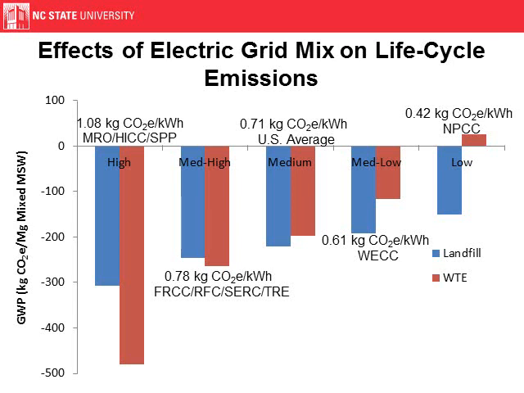And basically what you see is if you have a high electricity offset, then waste to energy performs significantly better than landfill, and as the electricity mix gets cleaner, as what you're offsetting is cleaner, both of them do worse, but waste to energy is affected more because more of the benefits of waste to energy are tied to electricity generation, where a lot of the greenhouse gas benefits associated with landfill are due to carbon storage.